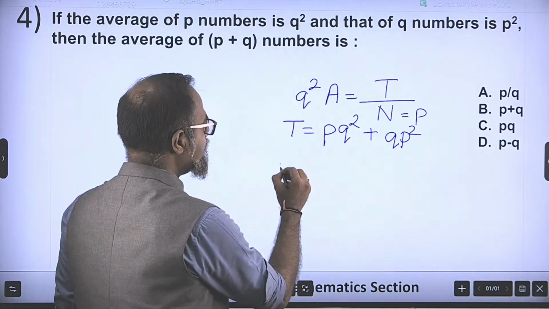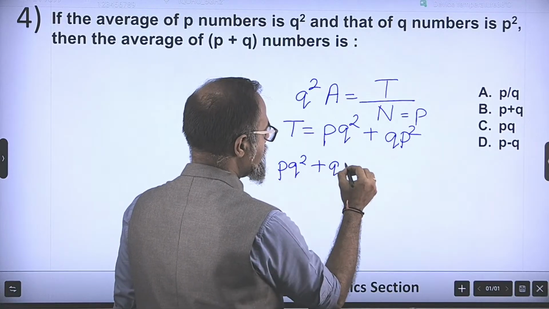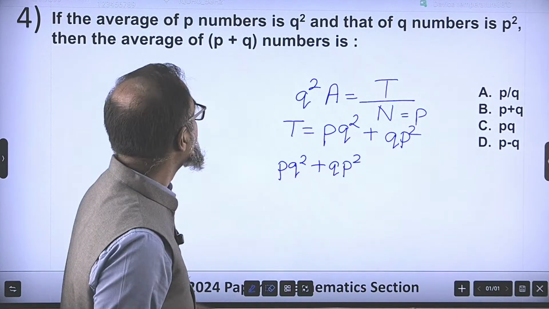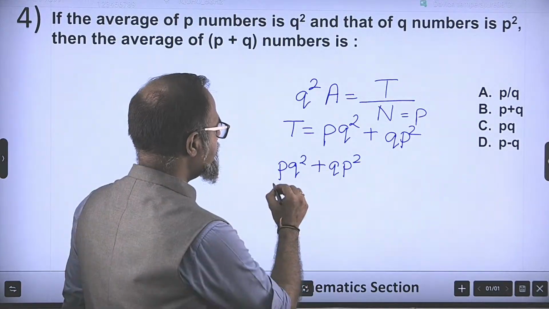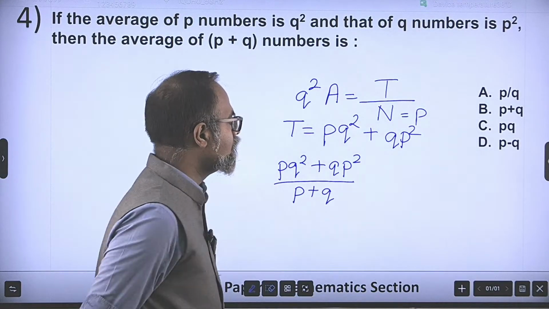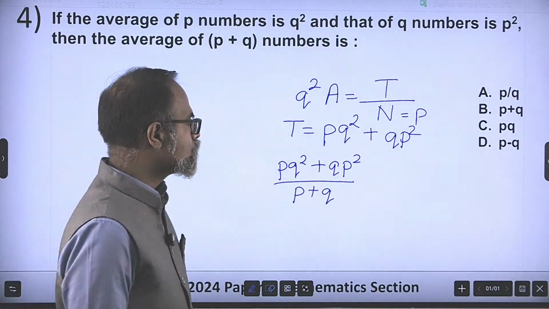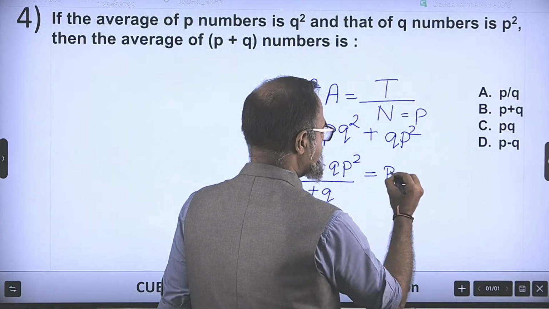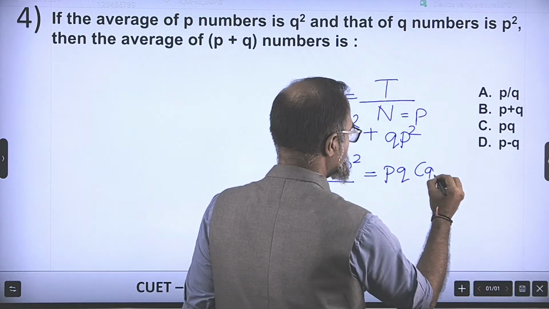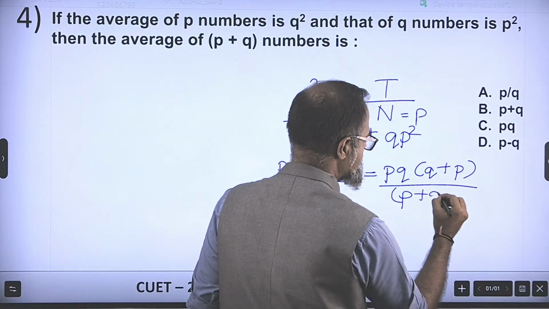So the total value of all the numbers combined is pq square plus qp square. And now the total divided by the number of numbers, which is p plus q, will give me the average. And very easy, because pq is common in the numerator, so I can rewrite it as pq into q plus p, the whole divided by p plus q.